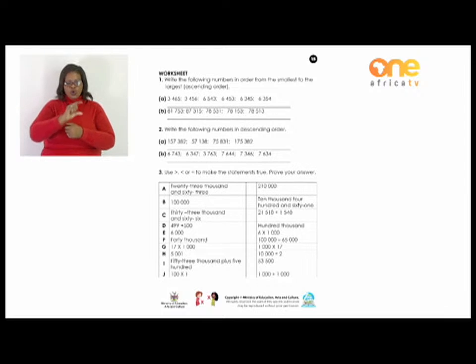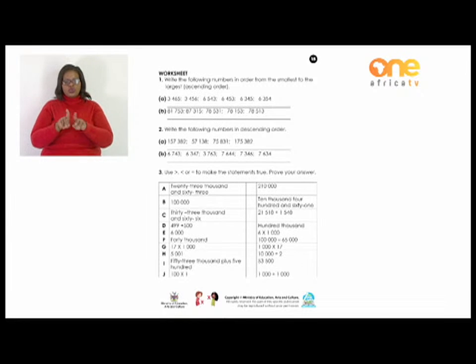And that is also called ascending order. So the numbers are there, under A and B, so you have to arrange them.